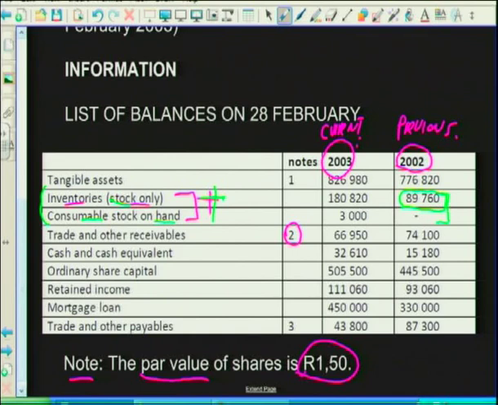Let's now look at 2003. My inventories, or my stock, was an amount of 180,820. My consumable stores on hand was an amount of 3,000. So my total inventories for 2003, I am adding, guys, these two amounts. So let's do that.